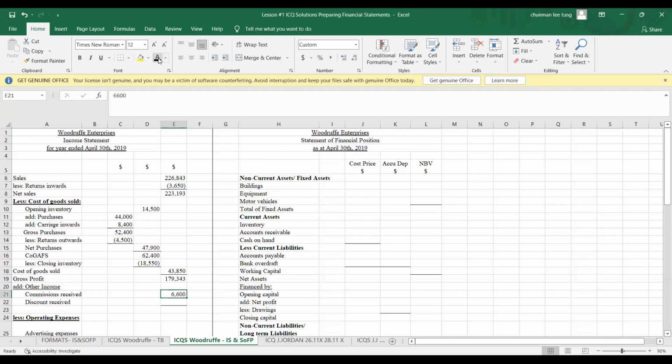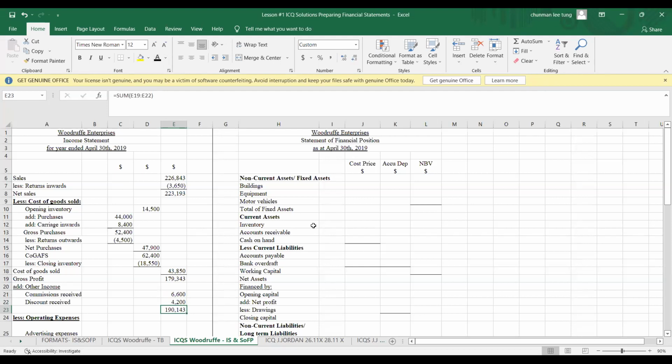As well as discount received, which is another revenue account, we add it. So that should tell us our total income of 190,143 was earned by Woodruff Enterprises. That is our total gross income or gross profit.